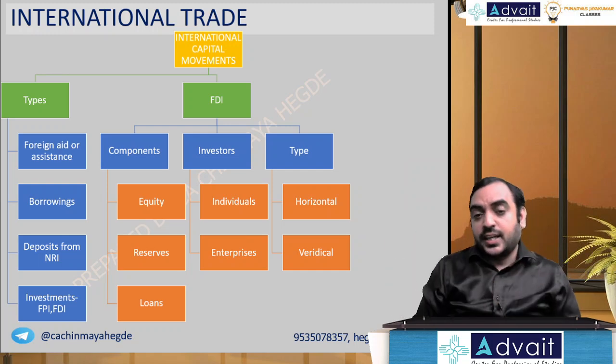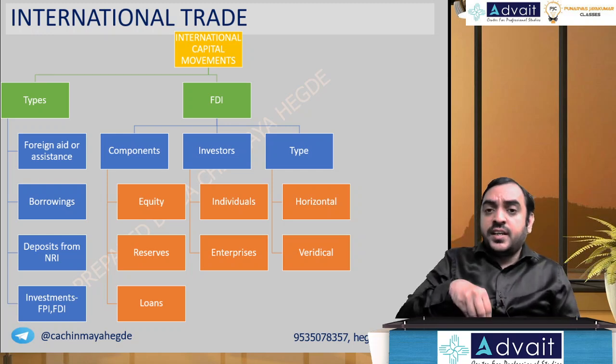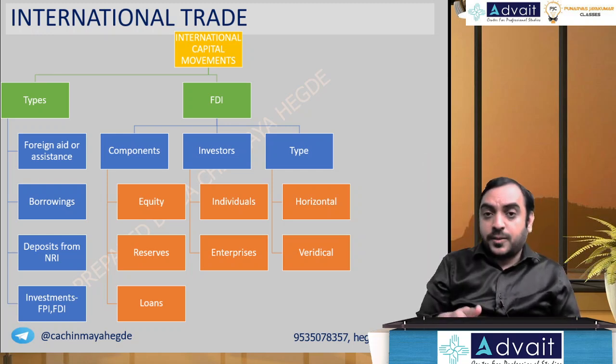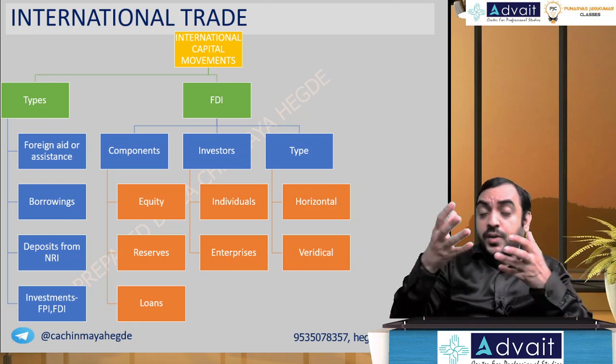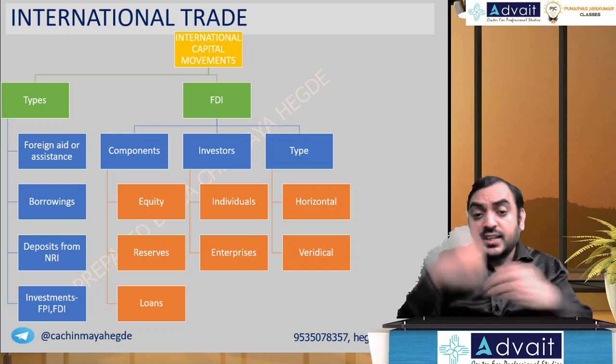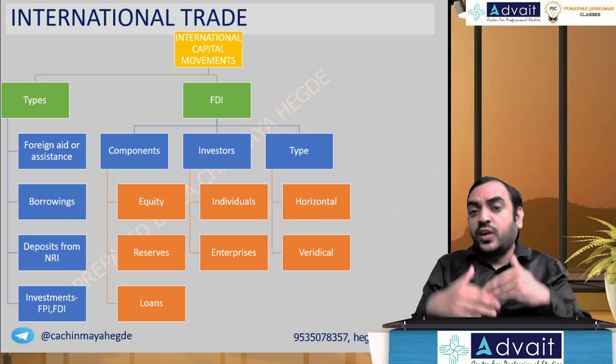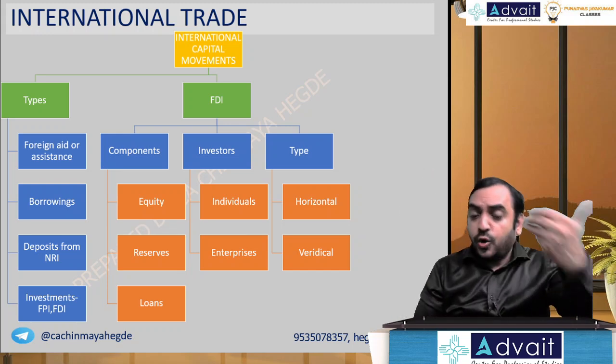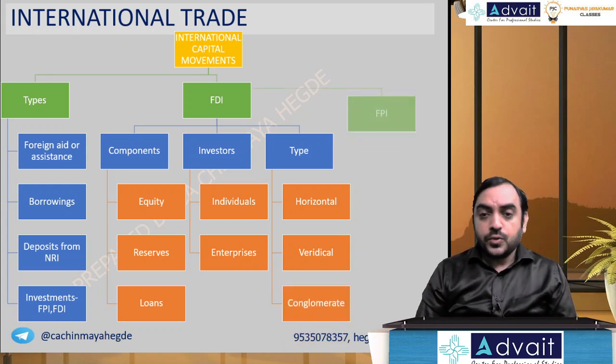That becomes vertical. When Microsoft started a company in India, they are having equal products here. Apple produces Apple mobile phones in India, that is horizontal. They are having equivalent units. Or if you have one layer below, that becomes vertical, or conglomerate, unrelated things.